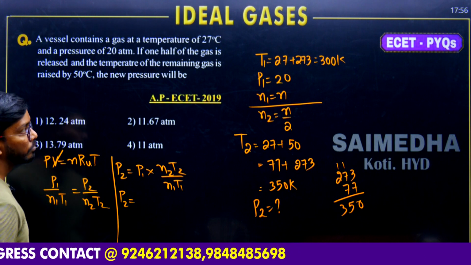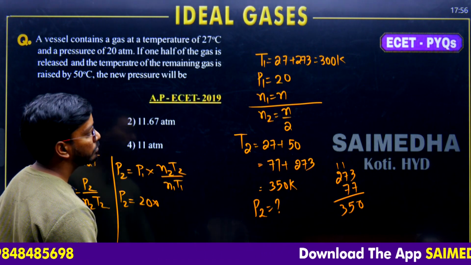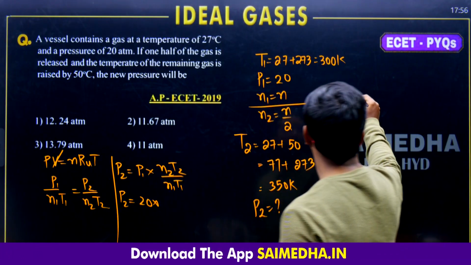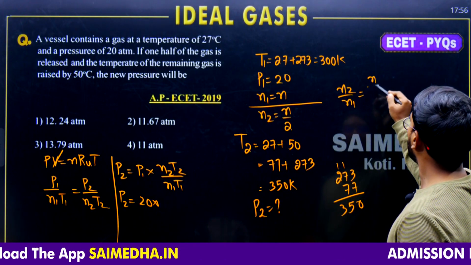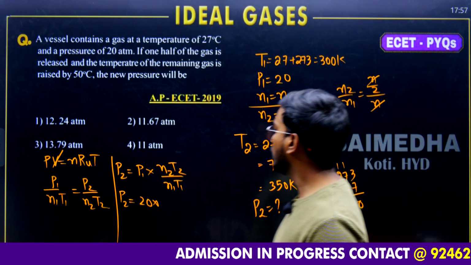P2 is equal to P1, which is 20, times N2 divided by N1. N2 is N by 2 and N1 is N, so N gets cancelled and the value is 1 by 2.